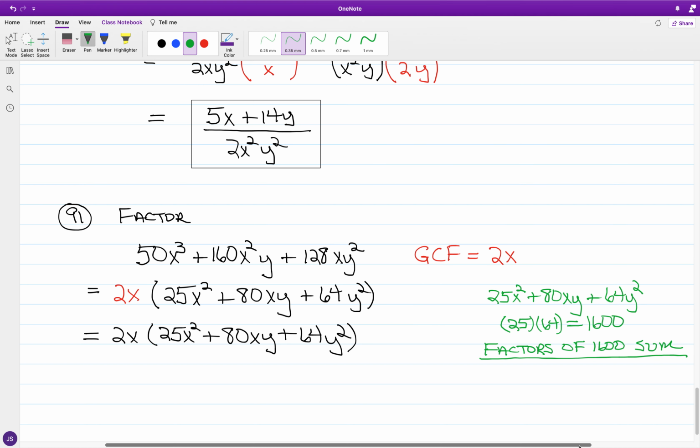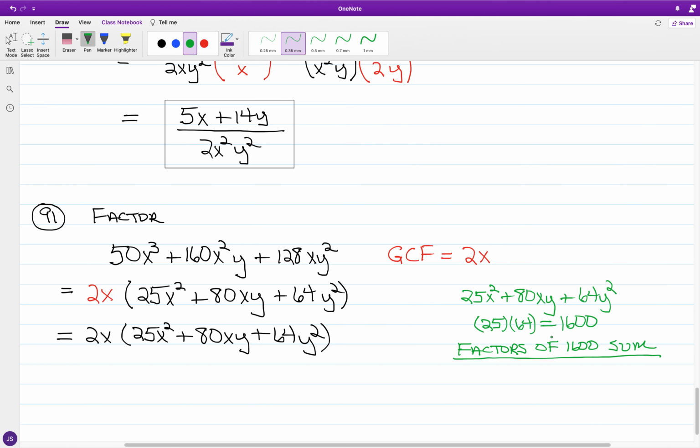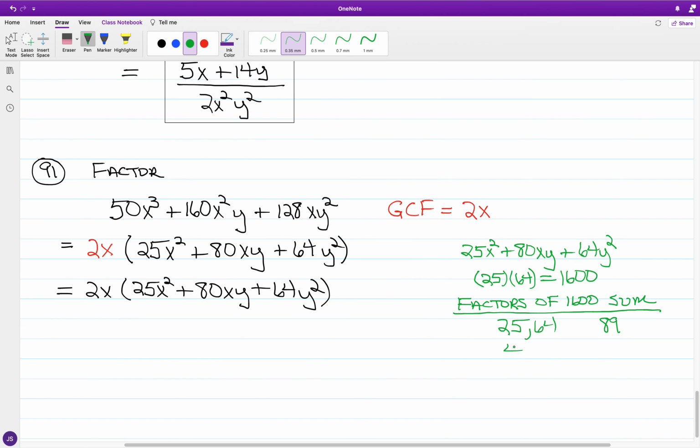And in the case of the factors of 1600, we're looking at those that will add up to 80. Right now we have with 25 and 64, those will add up to 89. But for those that will add up to 80, you have 40 and 40.